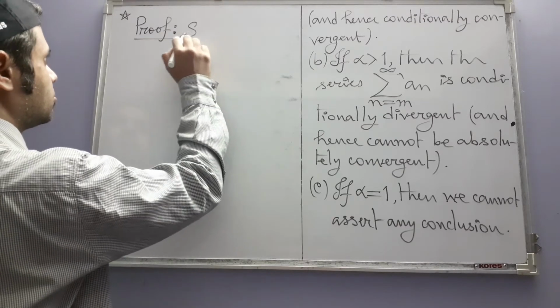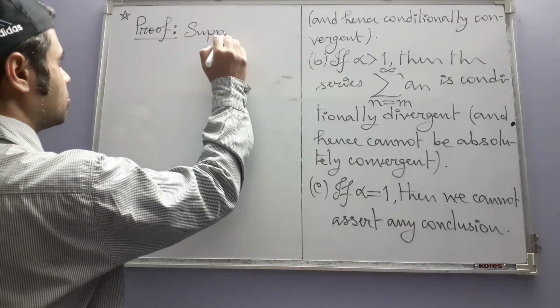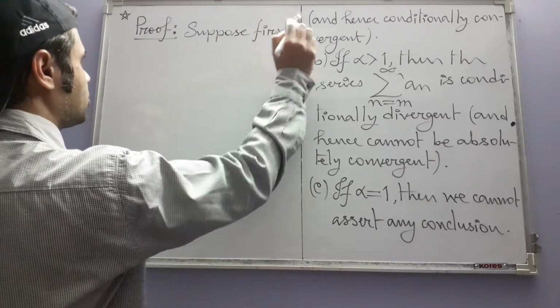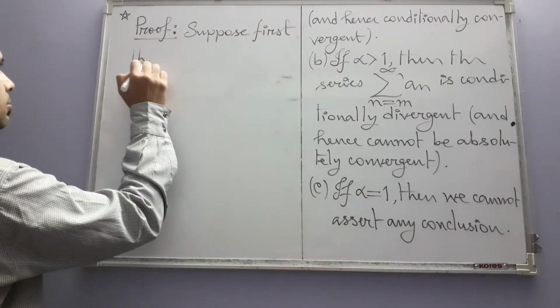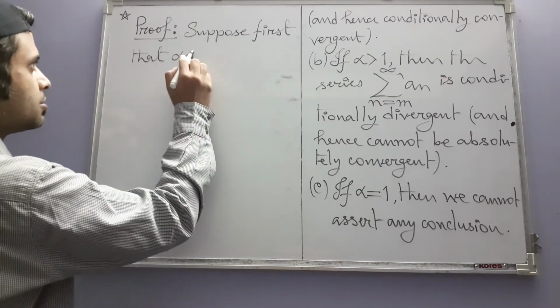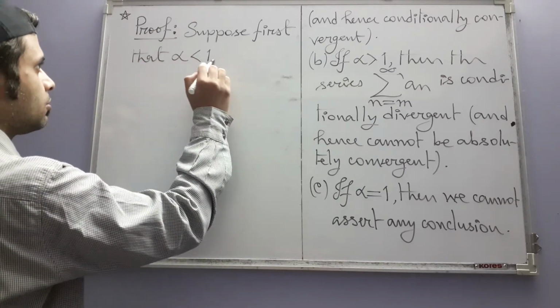Proof. Suppose first that alpha is less than 1.